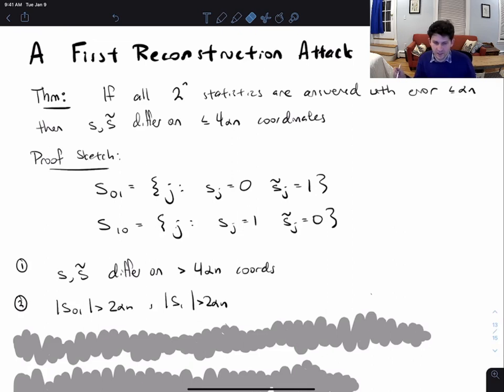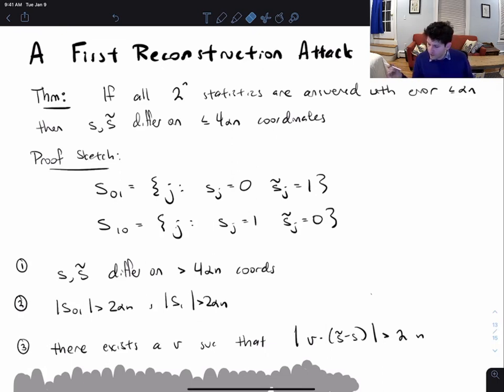So in the last slide, we said there were a lot of 0 to 1 flips, but it could have been the reverse. And the argument that we used in the last slide basically said that if this is true, then there exists some vector v, so some query, such that the difference between v dot S tilde and v dot S in absolute value is at least 2 alpha n.